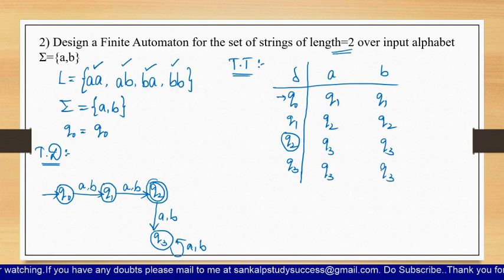So this is the transition table which we draw. Now you have to consider a valid string and also an invalid string in order to know whether the valid string is accepted by the transition diagram and the invalid string is rejected by our transition diagram or not. So like this we are going to solve the problems.